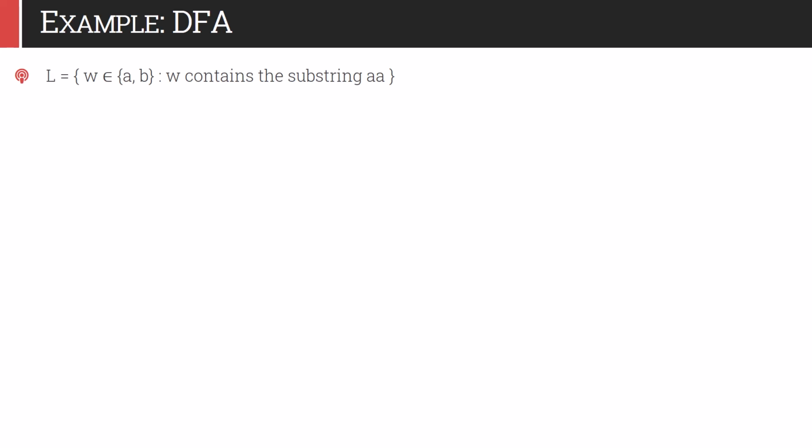First we'll draw a DFA for the language, and for the same language we will derive an NFA. Let us consider the language L, which is the set of all strings W over alphabet A comma B, such that the string W contains the substring double A. If we start with the smallest string, that would be double A, then of length 3 would be A double A, B double A and double A B. Then of length 4, that would be double A double A, triple A B, B triple A and B double A B, and so on.